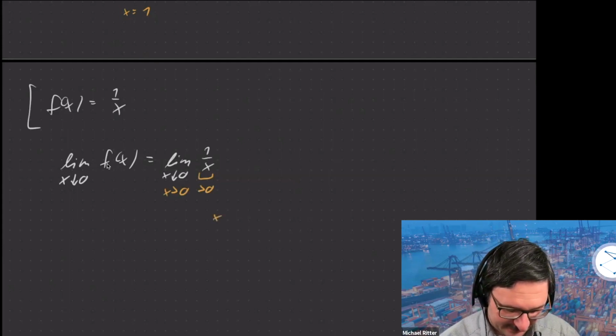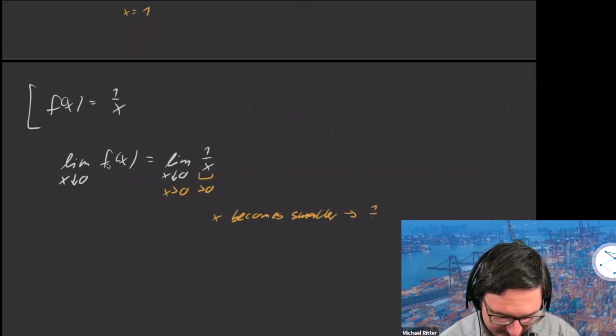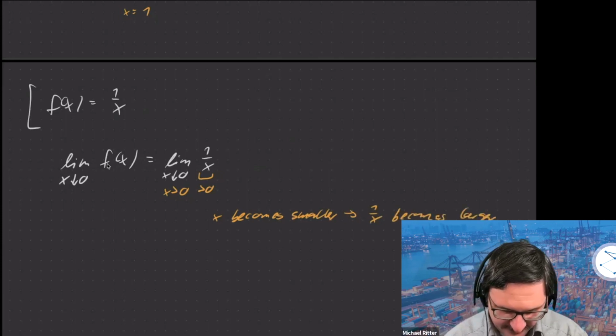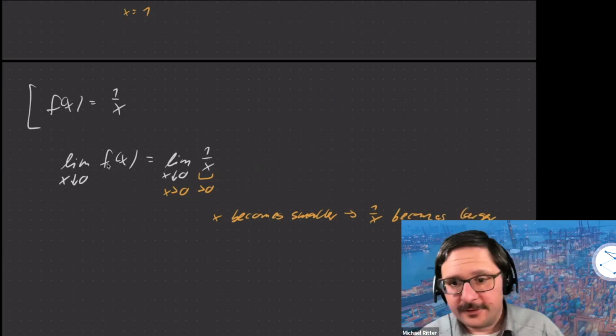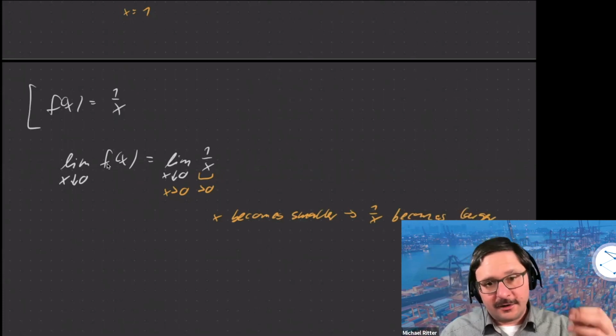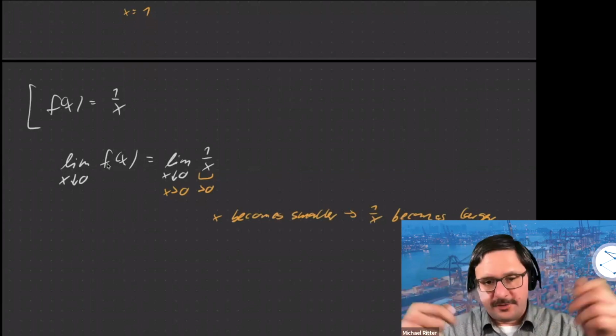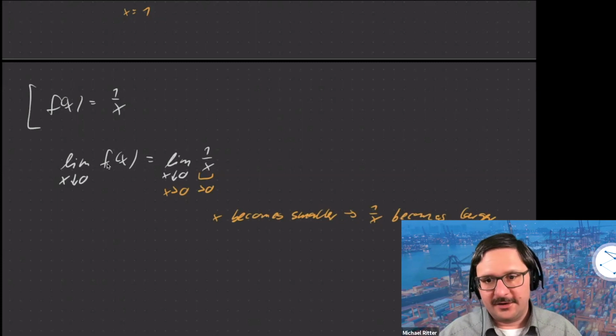So x becomes smaller. That means 1 over x becomes larger. And of course, that growth is indefinite. You can always make x a little smaller, but still stay above 0, and then 1 over x will grow bigger. And there's no limit to that.